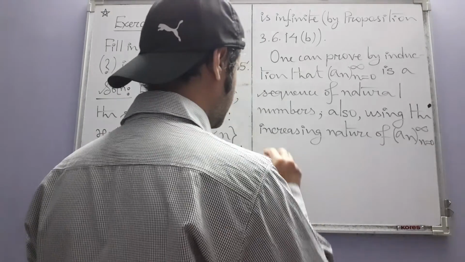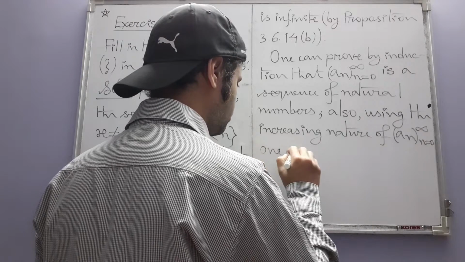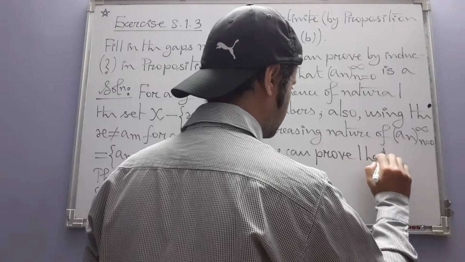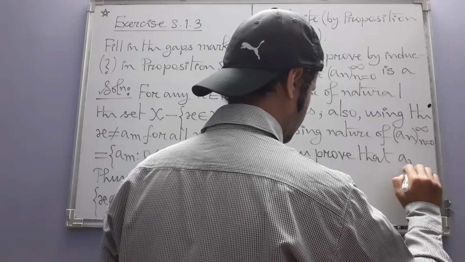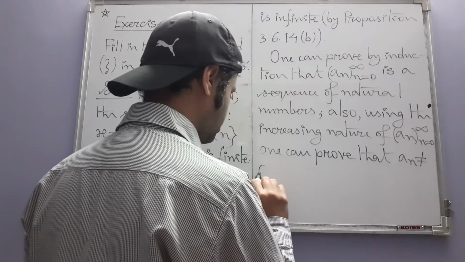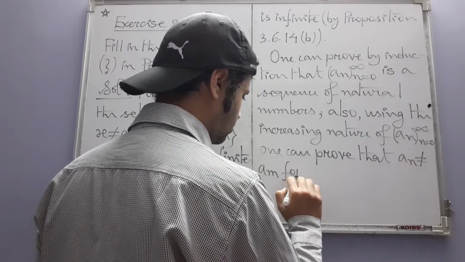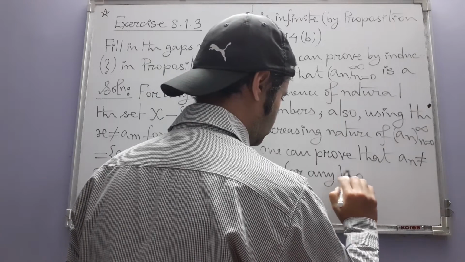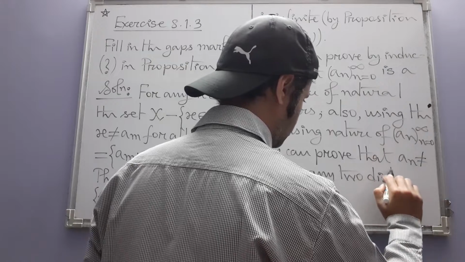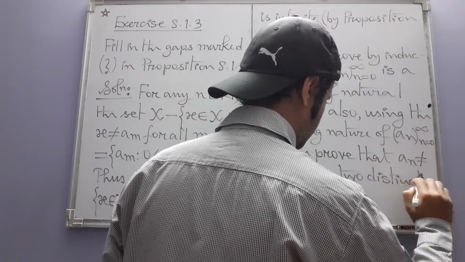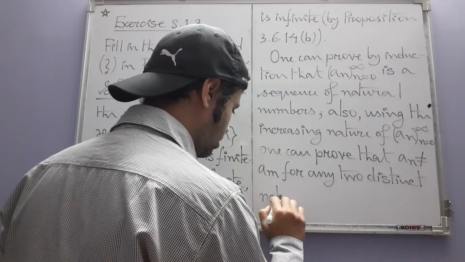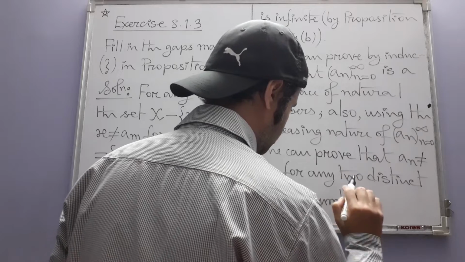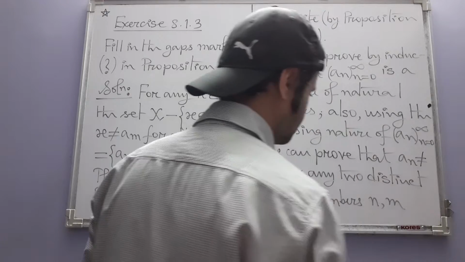Increasing nature of an, one can prove that an is not equal to am for any two distinct natural numbers n and m.